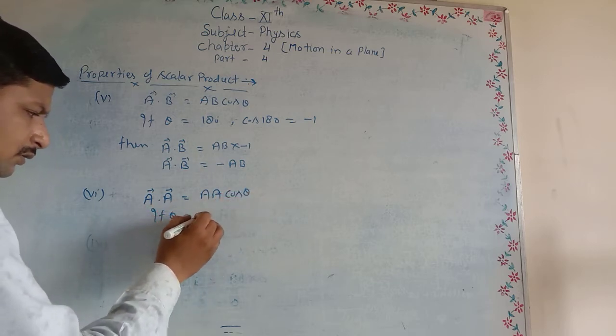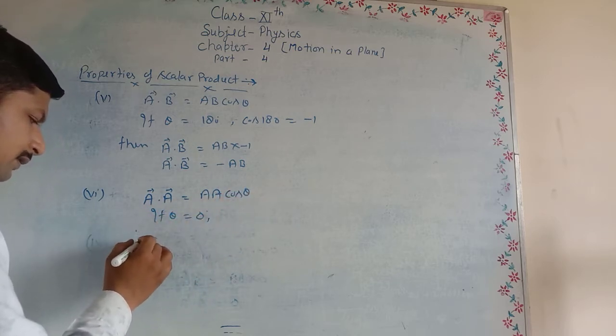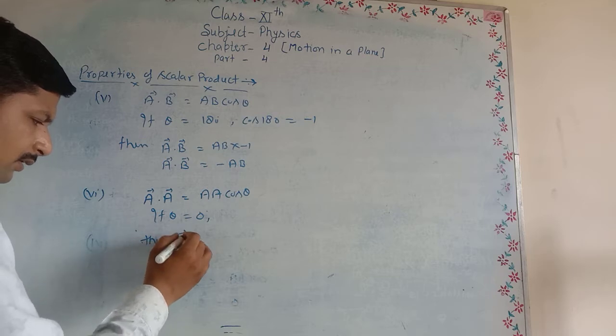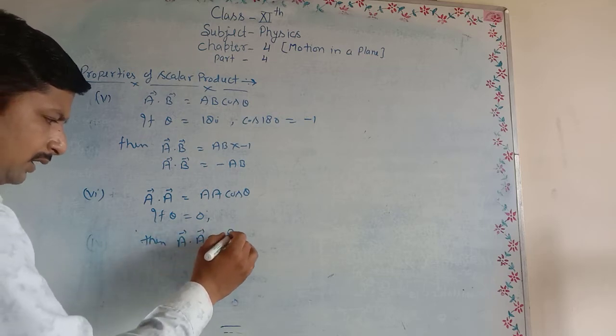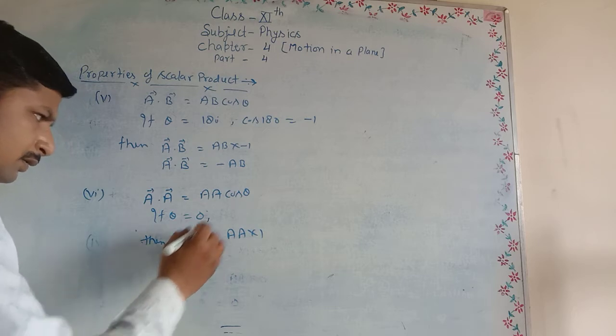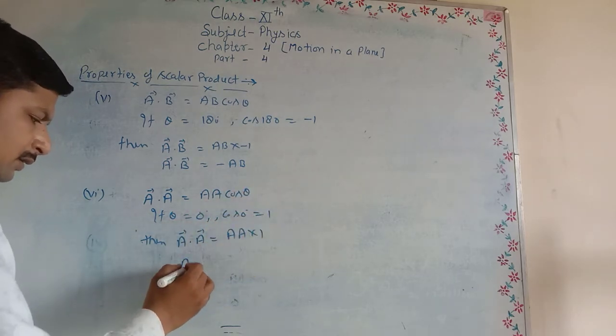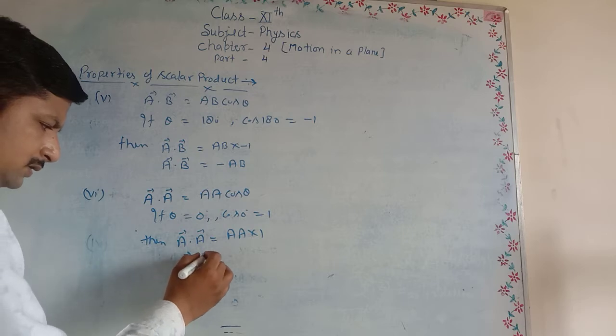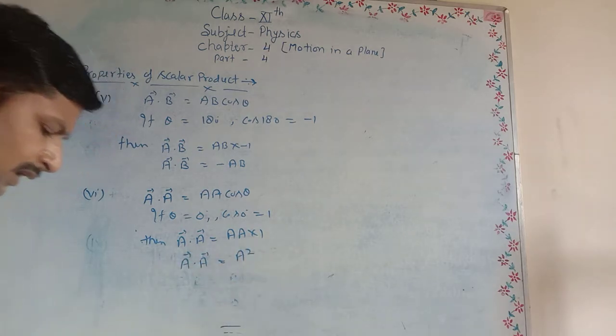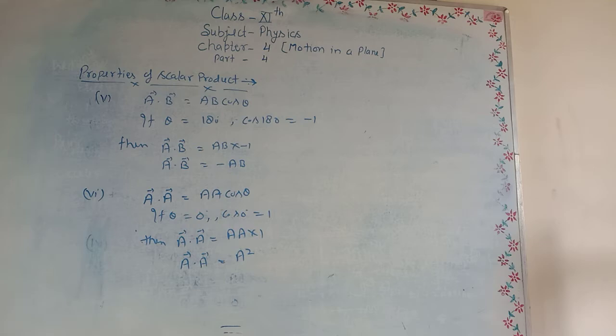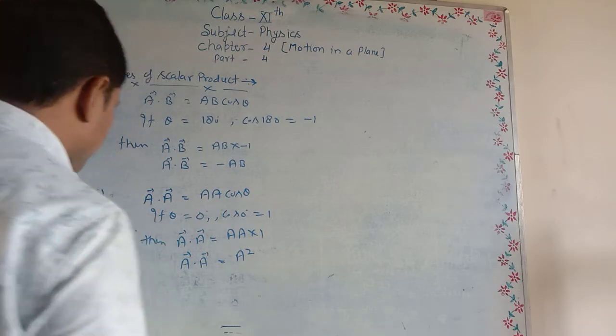If theta is equal to 0, then A dot A is equal to A into A into 1, as the value of cos 0 is equal to 1. Then A dot A is equal to A square.